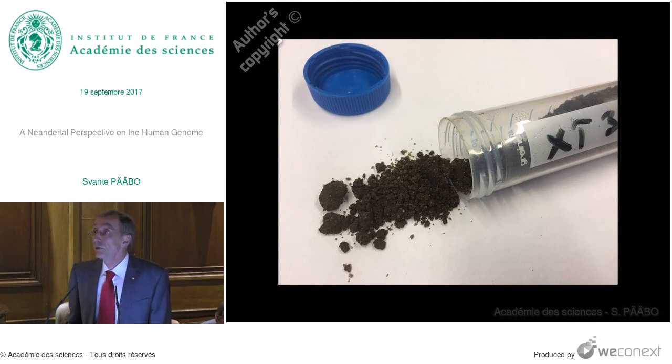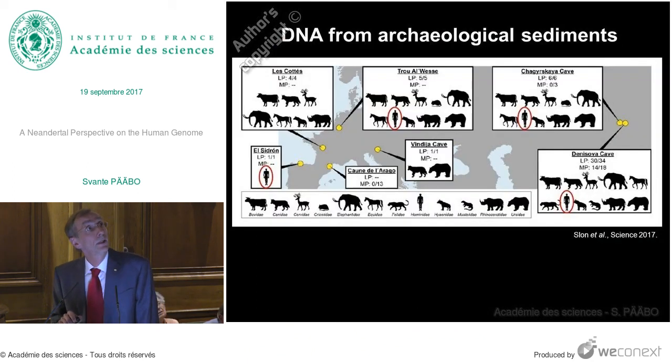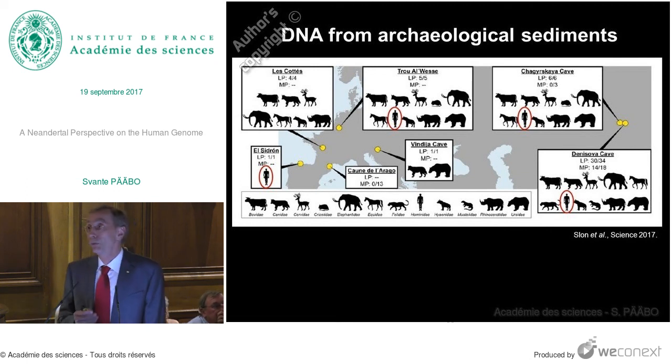And indeed, you can retrieve DNA from such sediments. So these are 8 different sites we've studied, 3 of them in France here, where you then find DNA from animals, so woolly rhino, hyenas, cave bears, and so on, and sometimes also of humans that have lived in those caves in the past.